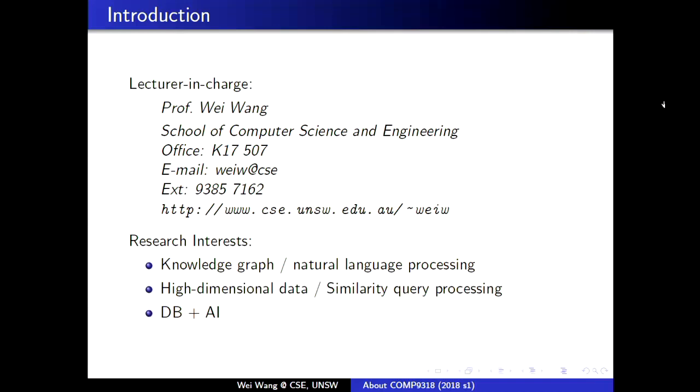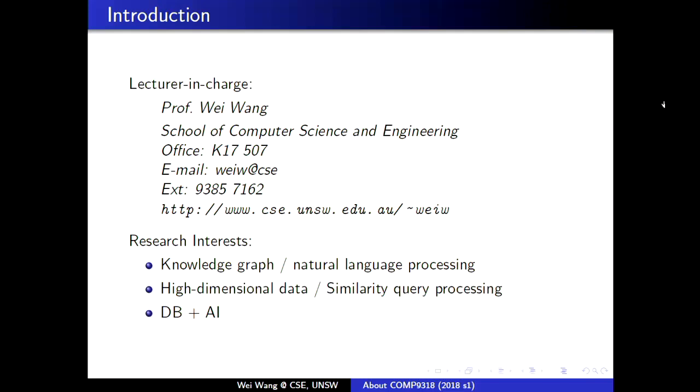Okay, so this is my contact information and my homepage. My office is in the CSC building, on the 5th level. It's not in the lab area, just in case you need to find my office. I'm doing a bunch of research.